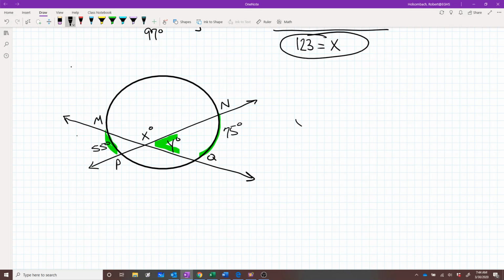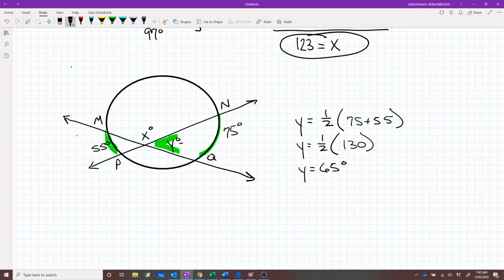So Y is going to be equal to 1/2 of 75 plus 55. So our Y is equal to 1/2 of 130 degrees. So Y is going to be equal to 65 degrees.